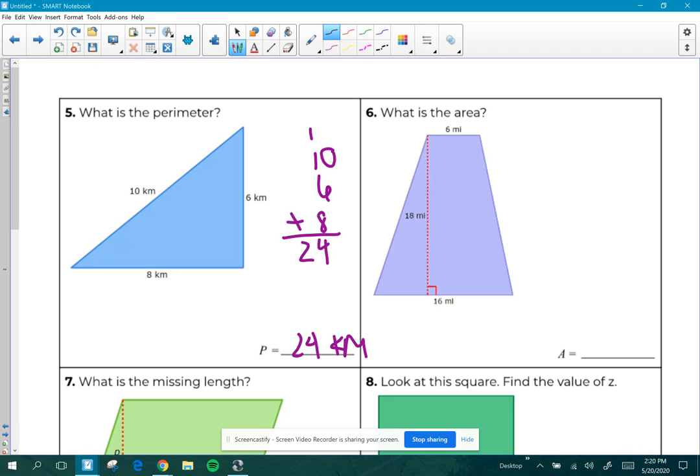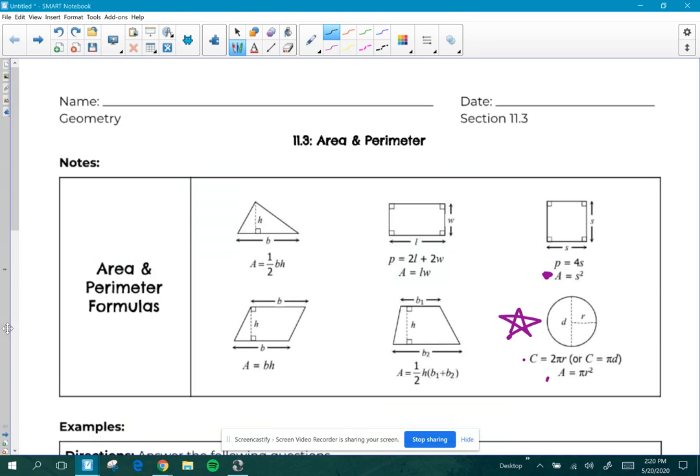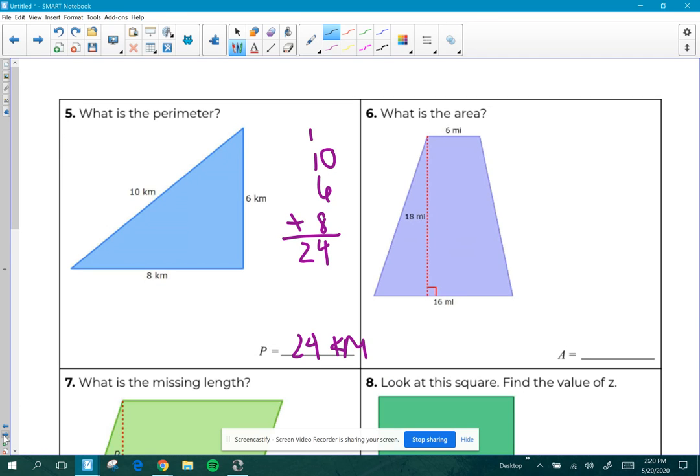For number 6, this is a trapezoid. This is our first example with a trapezoid. If we look at the formula sheet, this is my formula for the area of a trapezoid. It's 1/2 times the height times the bases added together. Sorry, this is so sloppy.